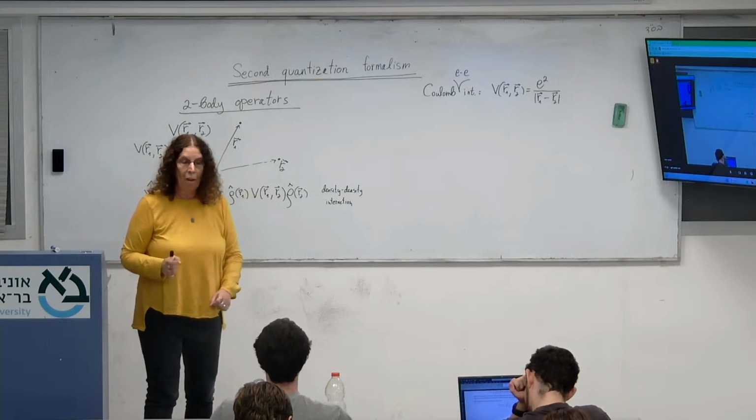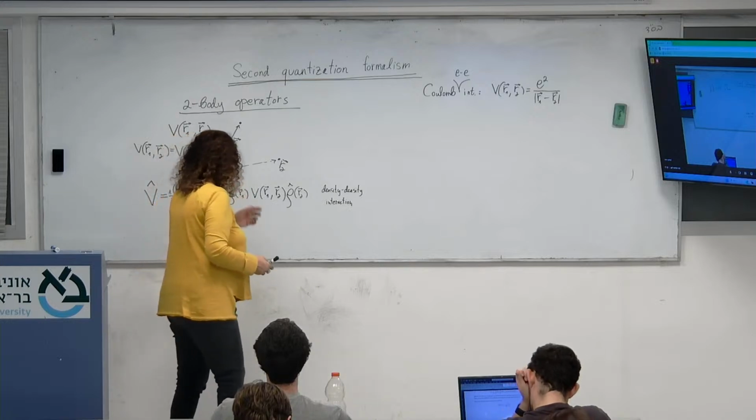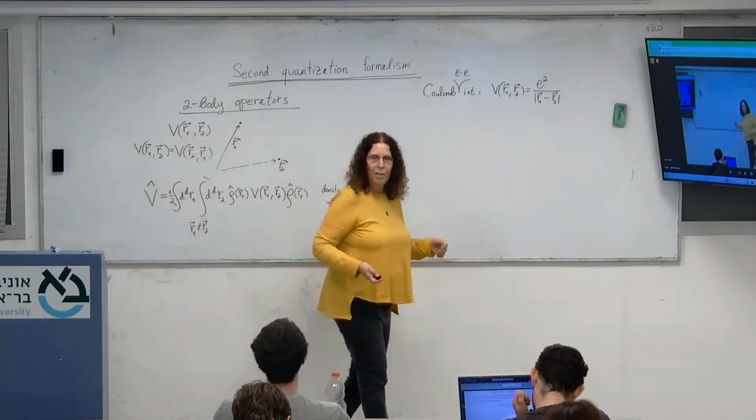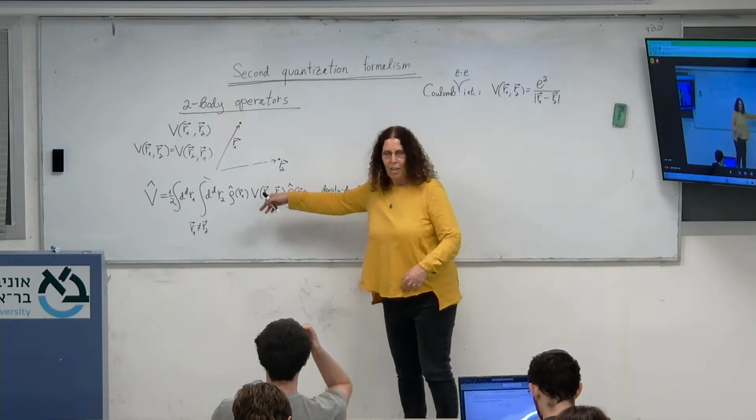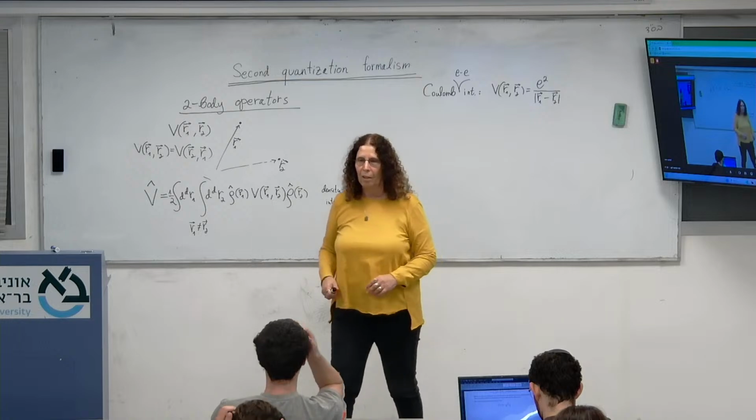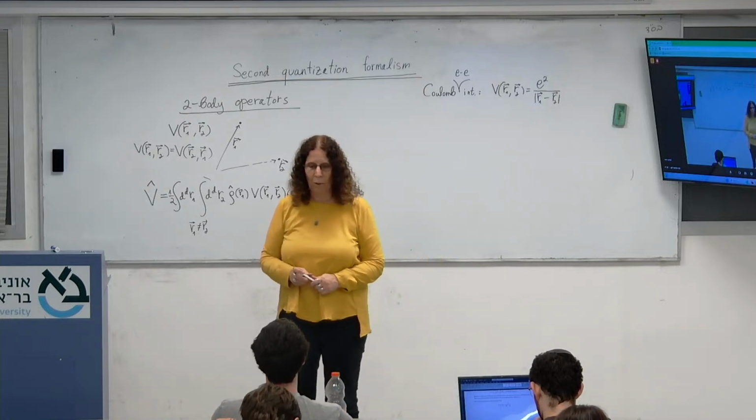And there are other forms of interactions, but usually they are emergent from something more basic, like spin-spin interaction, like the Heisenberg model.